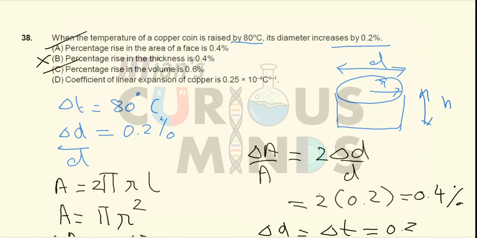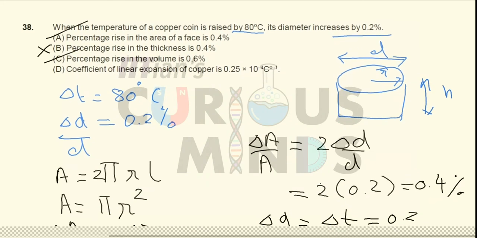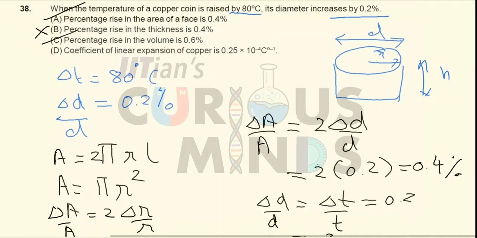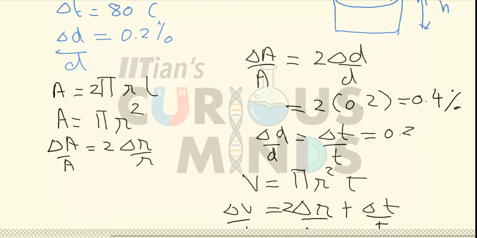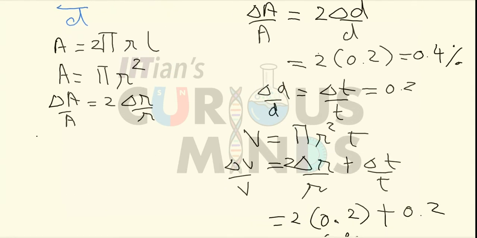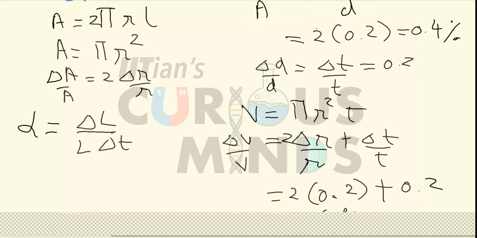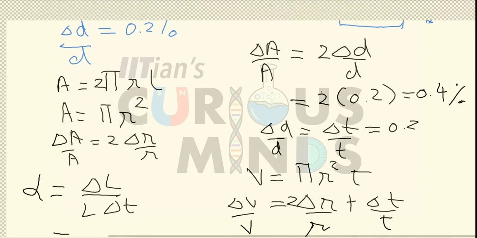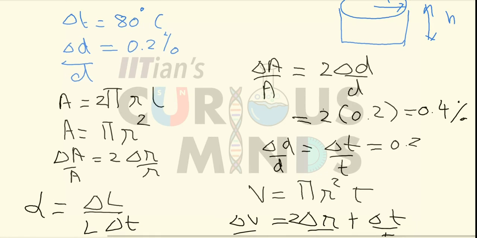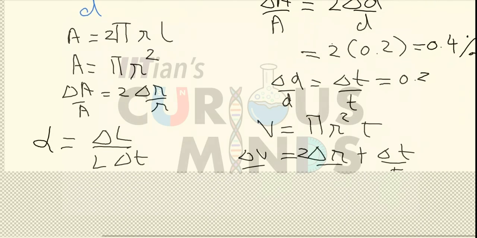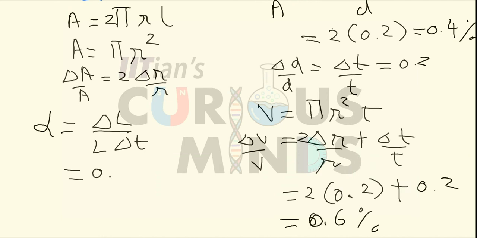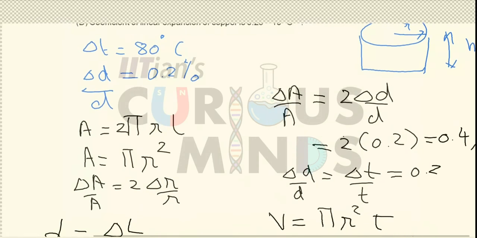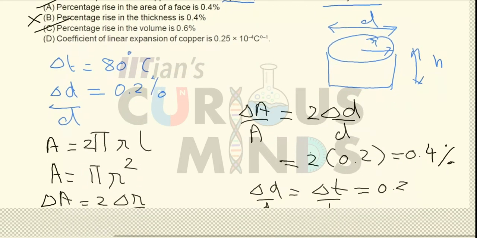Let us see option number D. The coefficient of linear expansion of the copper is this much. Let us find out this value. Alpha will be equal to delta L divided by L into delta T. The change in length, or any given length or the diameter, is 0.2%, so this is 0.2 percent, which is 10 raised to minus 2, divided by delta T. Delta T here is given as 80 degrees Celsius.